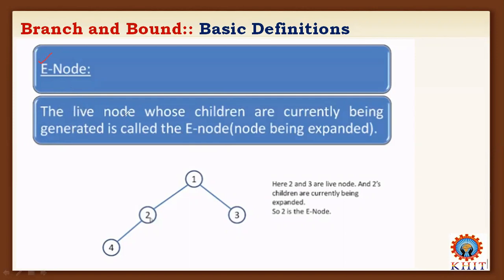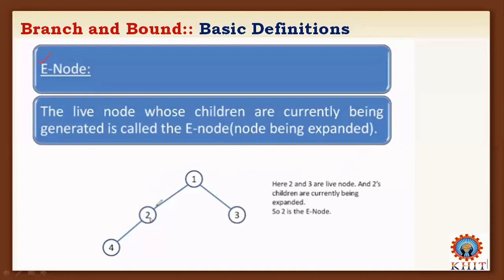The live node whose children are currently being generated is called the E-node. That means the node being expanded.